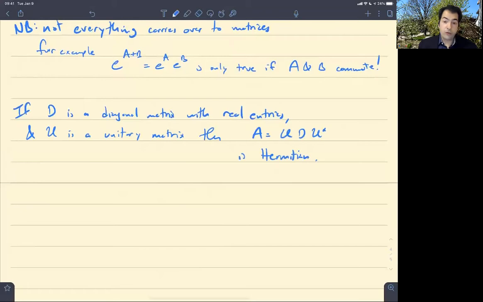Right. So wonderful. If you have a spectral decomposition, then you're Hermitian, and we just proved in the spectral theorem that if you're Hermitian, then you have a spectral decomposition.